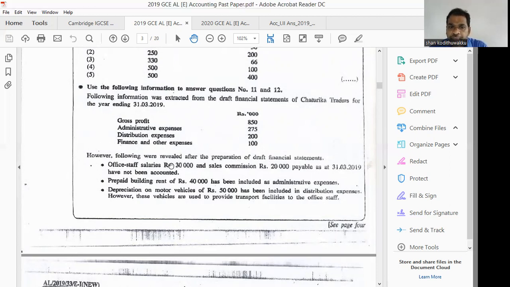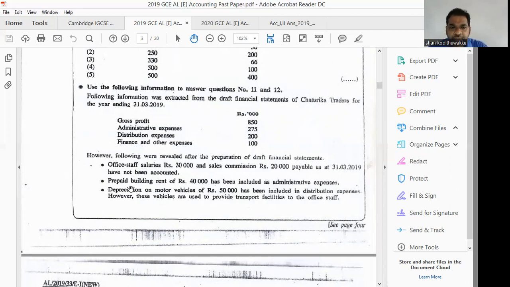Office staff salaries come under administrative expenses, so the given 275 will increase by another 30, and sales commission comes under distribution. Therefore, the given distribution expenses 200 will increase by 20.